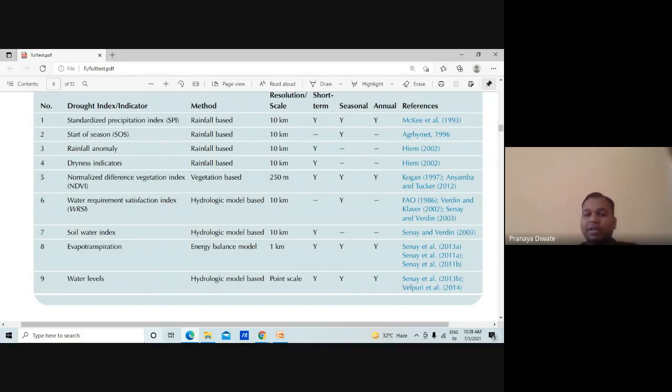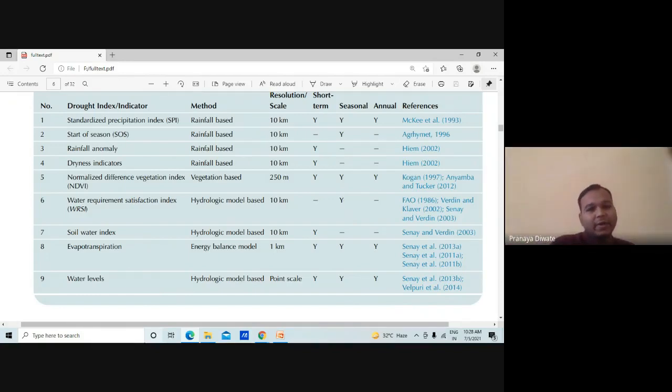So in case of this one, the resolution scale is good. Then you have the start of the season, which is also a rainfall-based method. The start of the season, when the season starts, is given by the agromet.